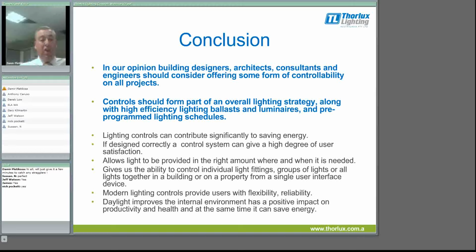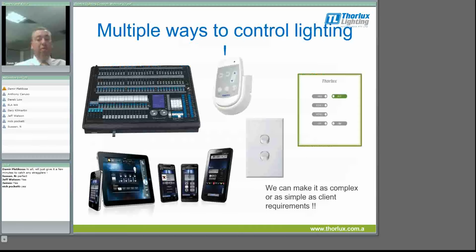I think we now all appreciate that daylight improves the internal environment and has a positive impact on productivity and health. So if we can use it for that and at the same time save energy, we think that's a positive way to go.